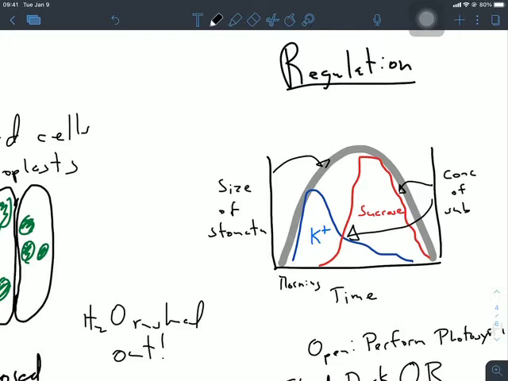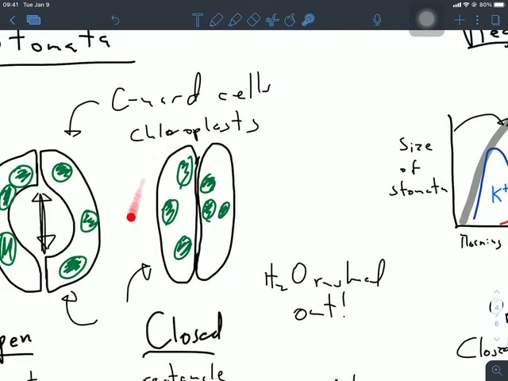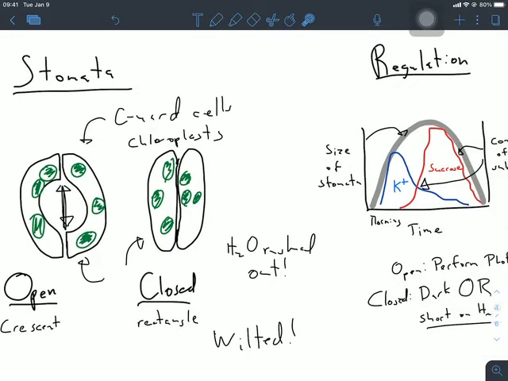In order to rapidly go from closed to open, the plasma membrane of these guard cells will start selectively pumping in a whole bunch of potassium. Now, why does a whole bunch of potassium help open up and fill the stomatal guard cells with water?